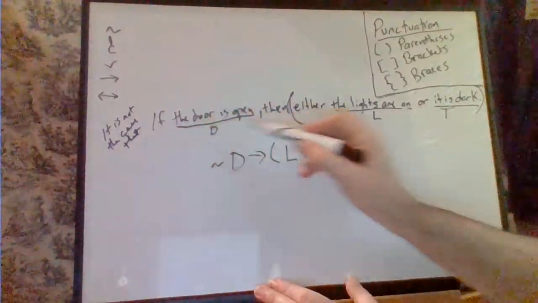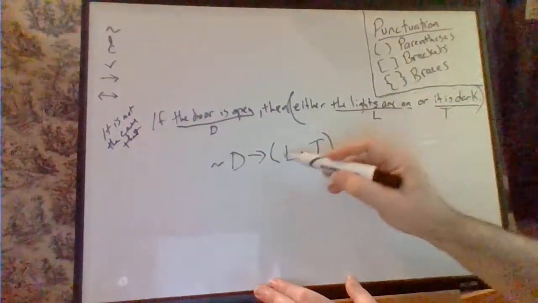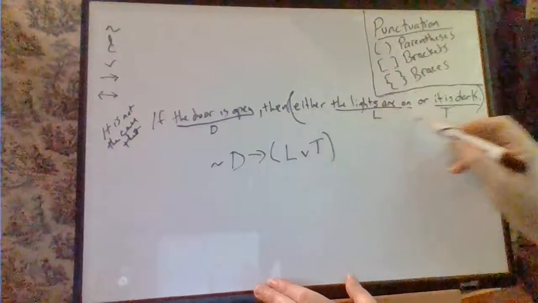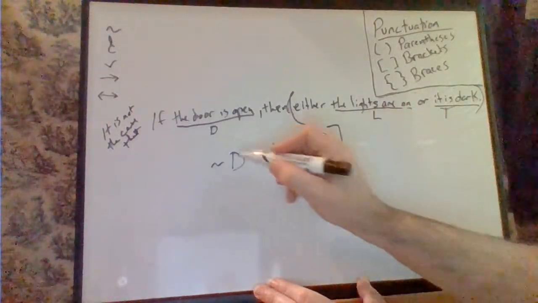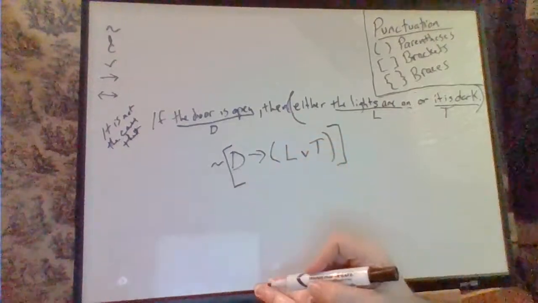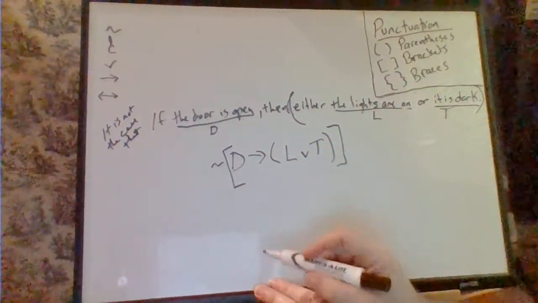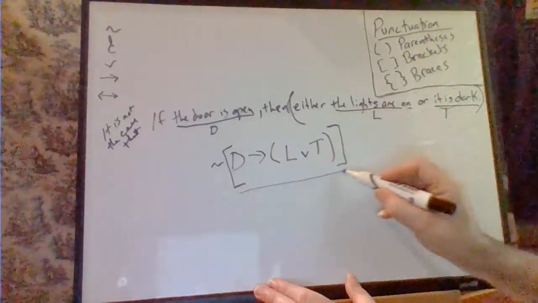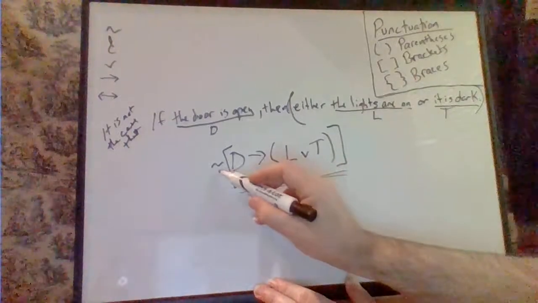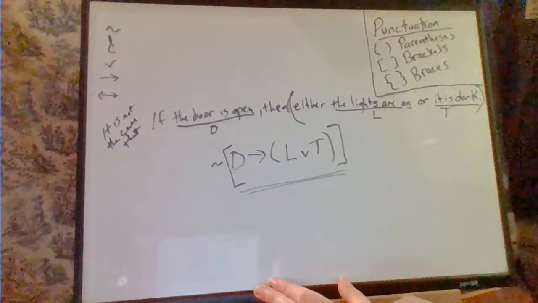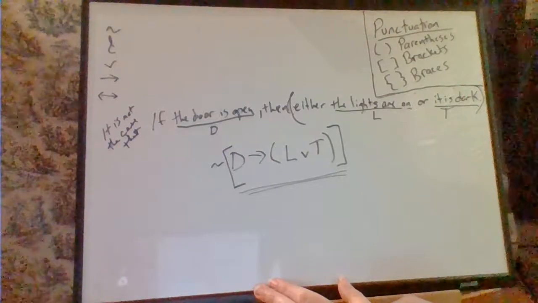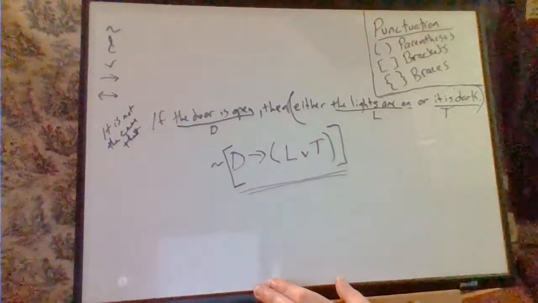We want to deny the whole thing. Because it's a longer statement, we've already used the parentheses, it means that we would have to use the brackets here. And that bracket would tell me that it's the total value, the total statement here that's being denied, not any individual part of that statement. Okay? So that's the basic idea.